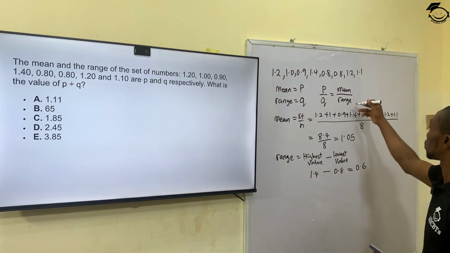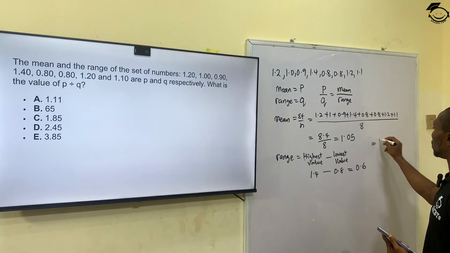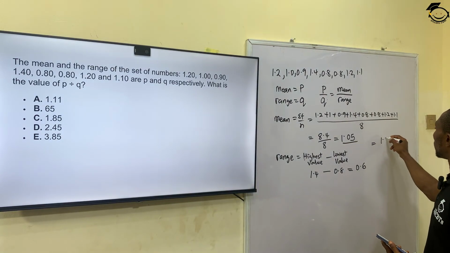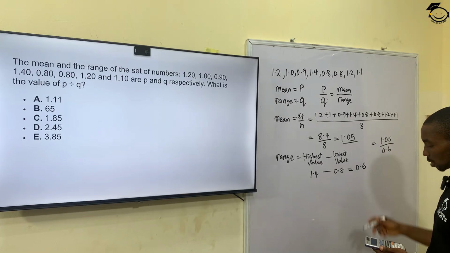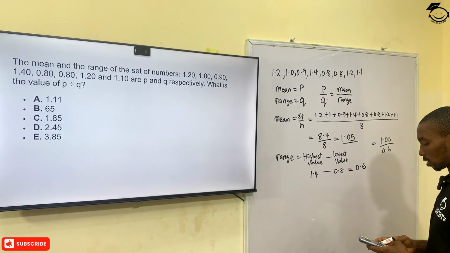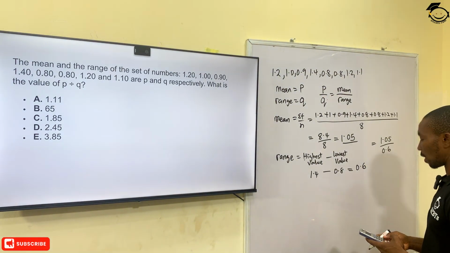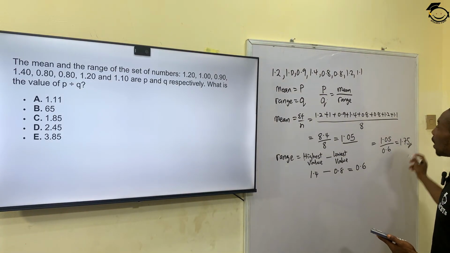Now back to our question of calculating our mean divided by range. Our mean now will be 1.05 divided by 0.6, and 1.05 divided by 0.6 would give us our answer to be 1.75.